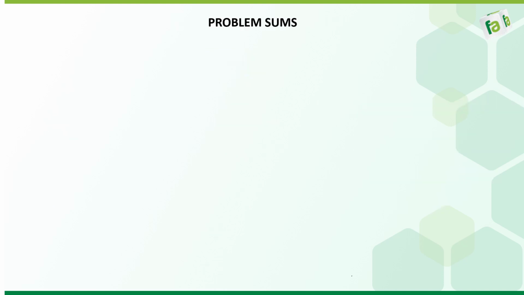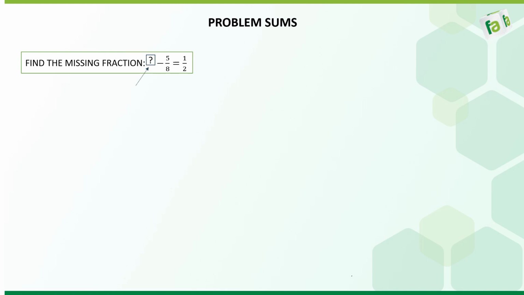Now, let's solve some problems where the missing fraction is to be found. Let's observe this question. We have an unknown fraction here. We have a minus sign and a known fraction given in the problem.